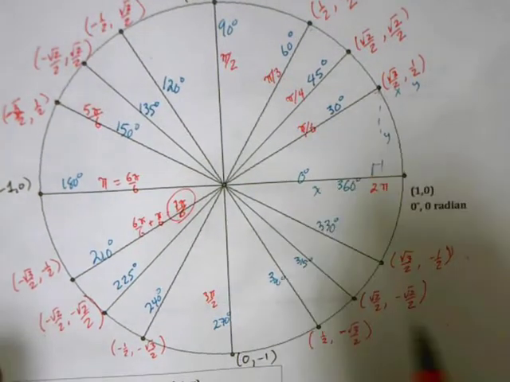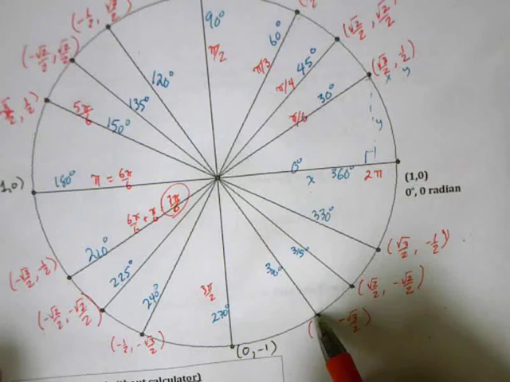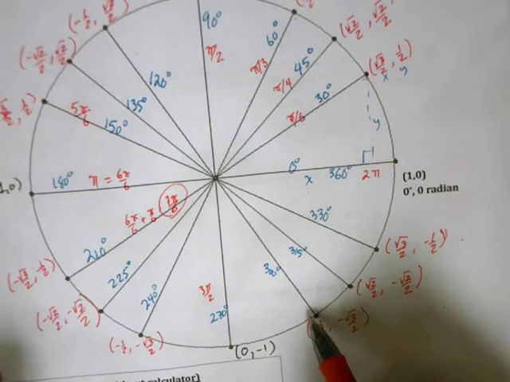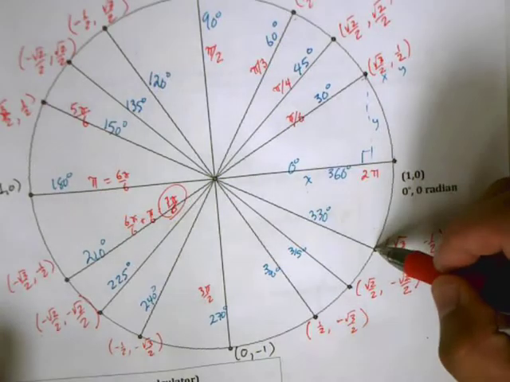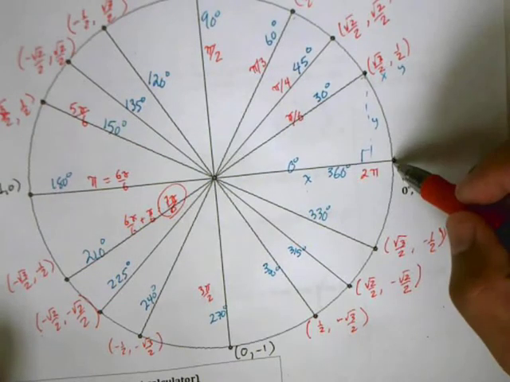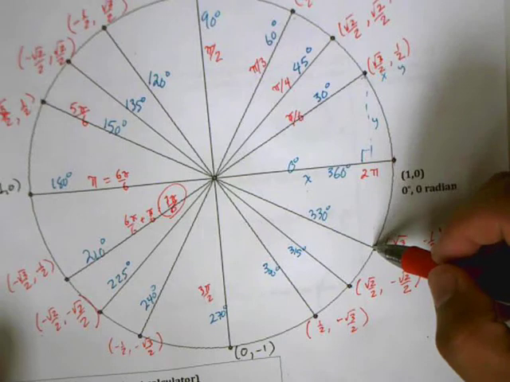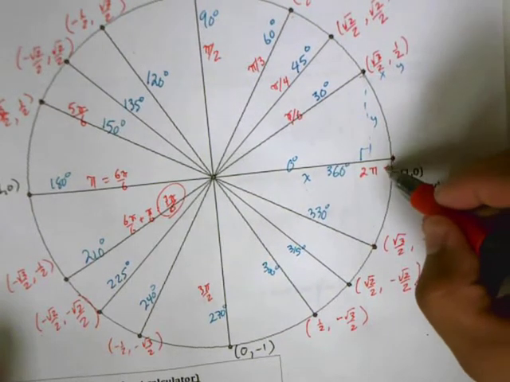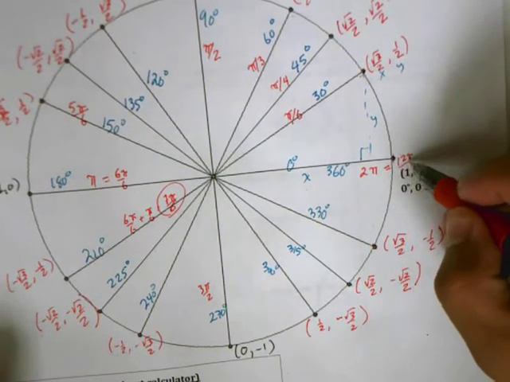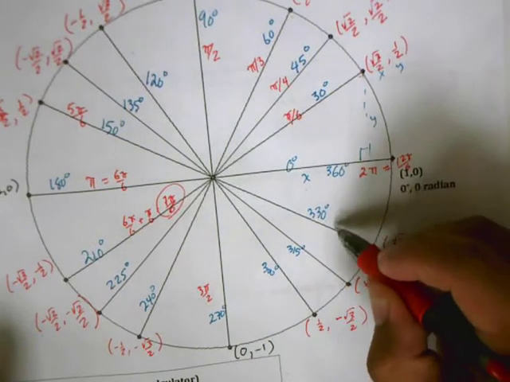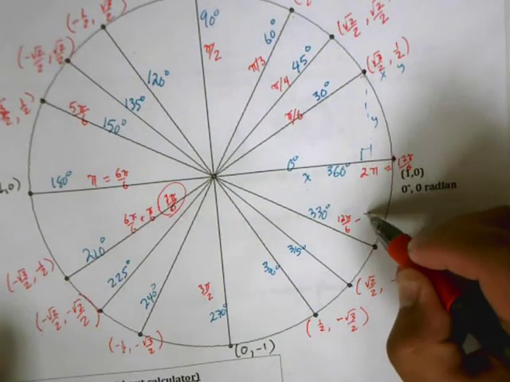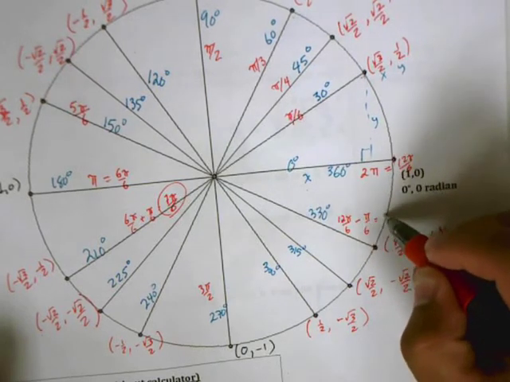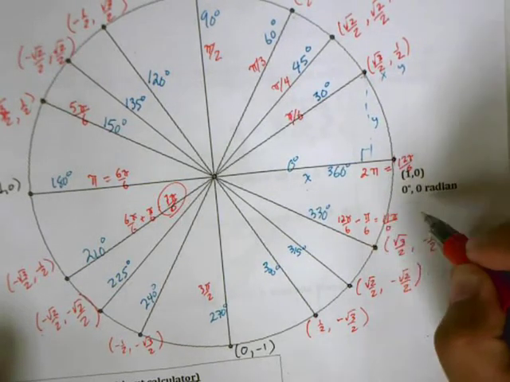If I wanted to get to this point down here, what I really need to do is to go to 2 pi and then backtrack pi over 6. So 2 pi is really 12 pi over 6. So this point here is 12 pi over 6 minus pi over 6. That's 11 pi over 6.